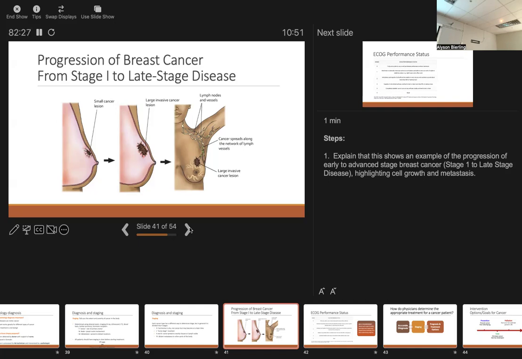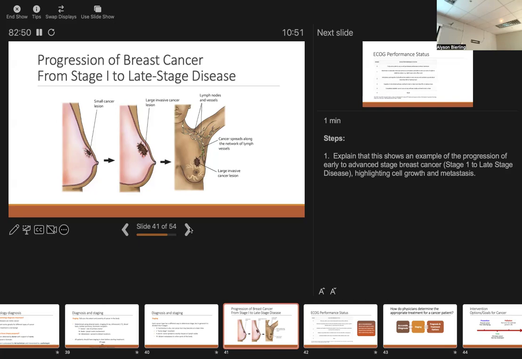There are international standards for how each cancer is staged. I can show an example later of how that's done, but there are guidelines that tell you for each type of cancer what is T1, what is T2, what is T3.